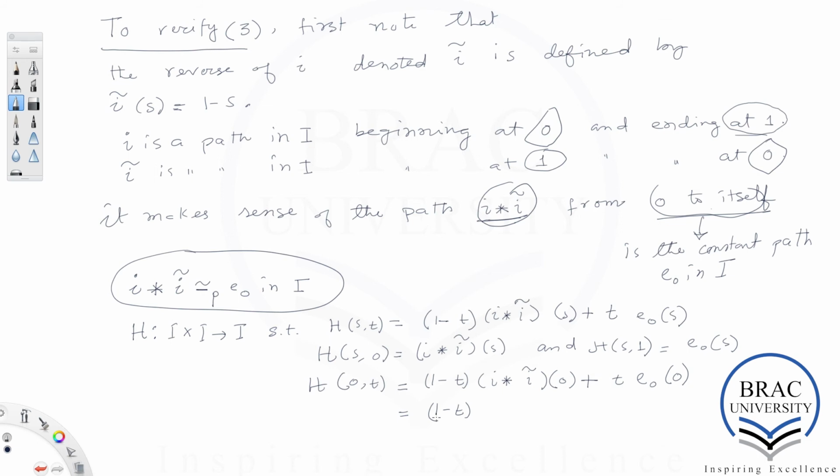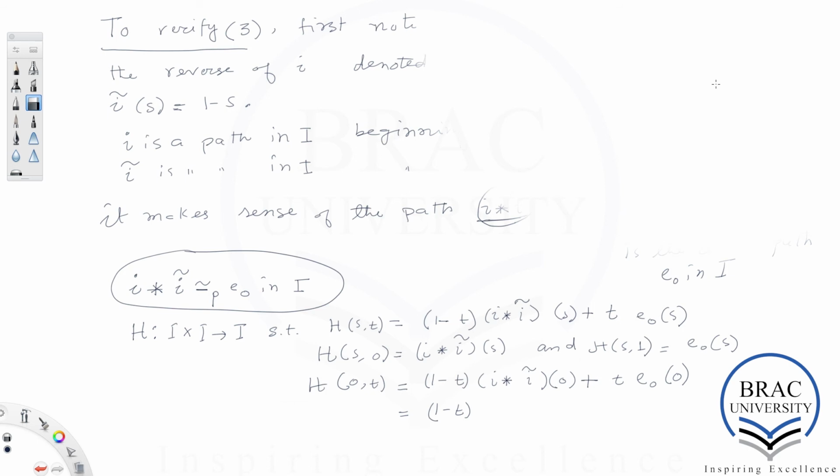Well, I need a bit of space here to give the definition of I star I twiddle. So let me make some room here on the right hand corner. Hopefully I did not erase anything important required in the proof.